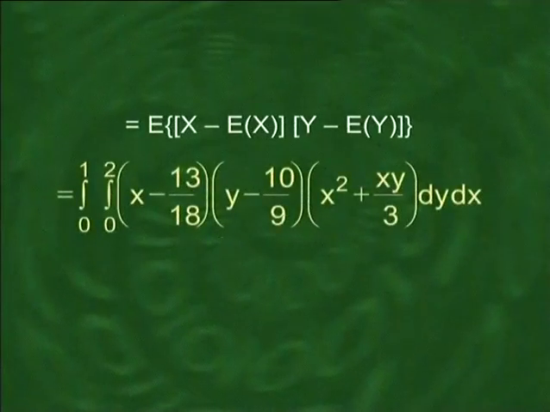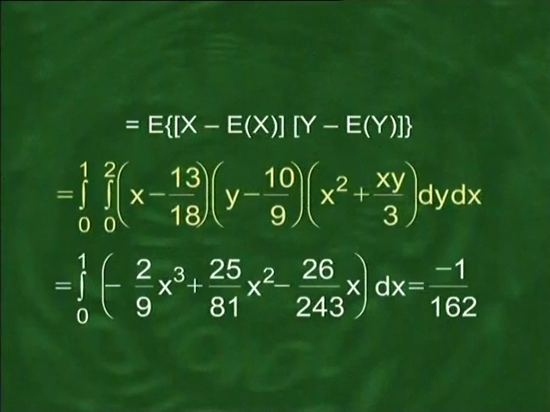To find the covariance of x and y by the direct formula, we have to compute the expected value of x minus E of x into y minus E of y.